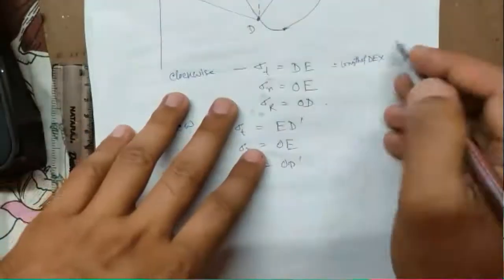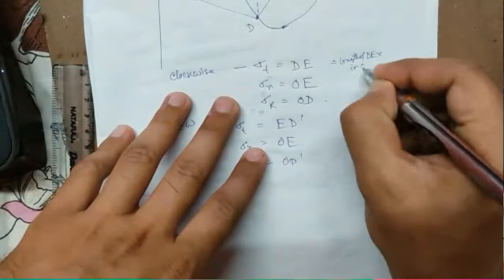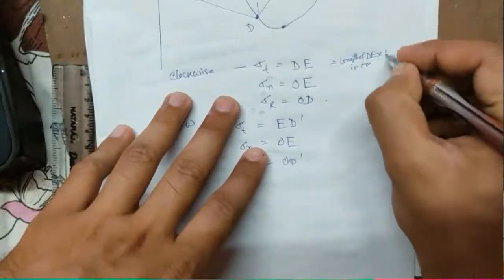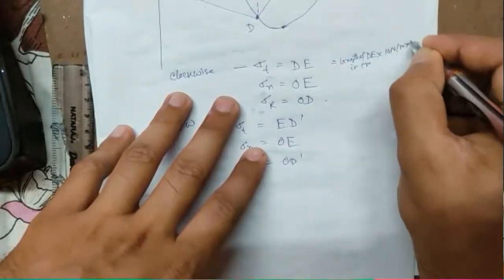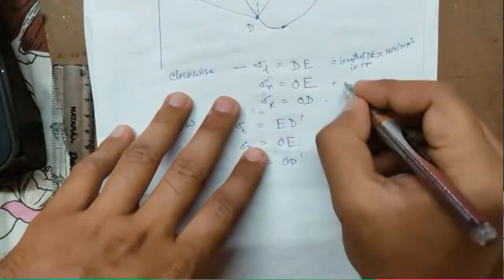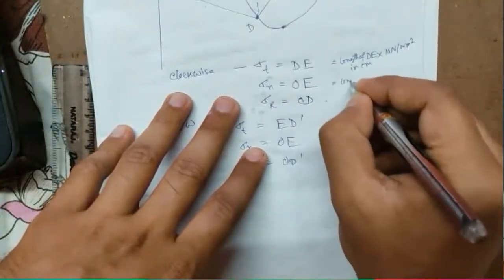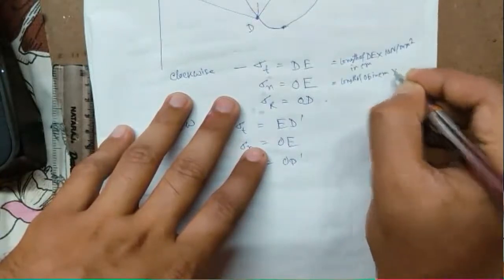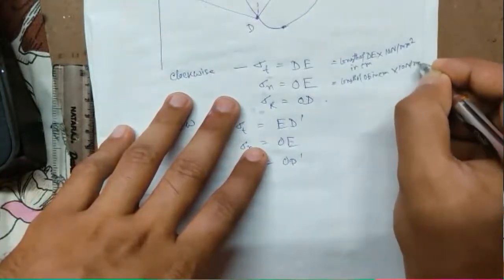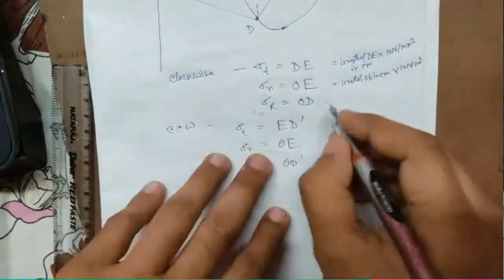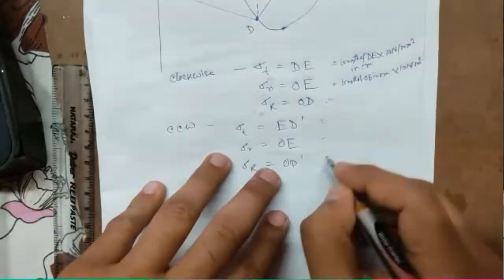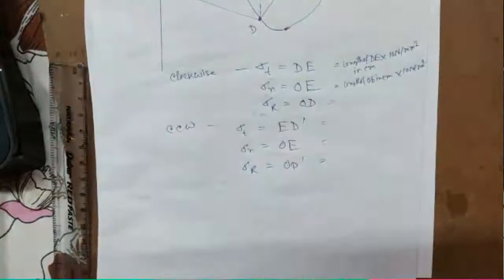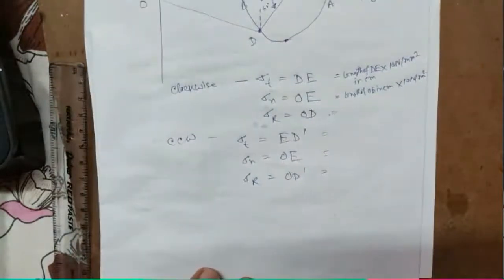So length of DE in centimeter into 10 Newton per millimeter square. Similarly, this is also length of OE in cm into 10 Newton per millimeter square. And similarly, all these have to be multiplied with 10.